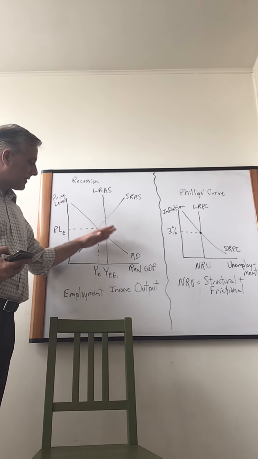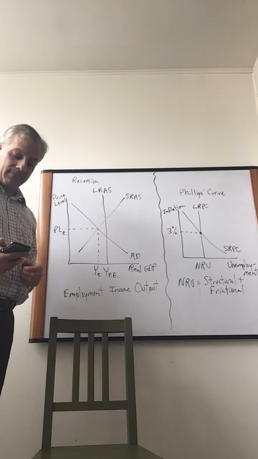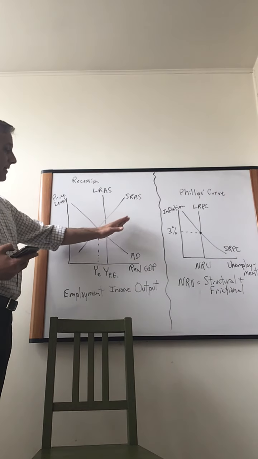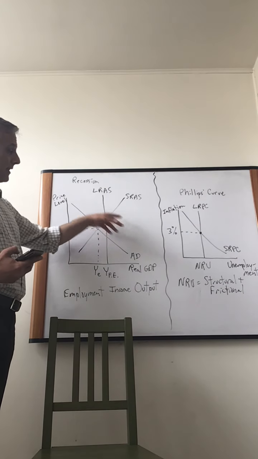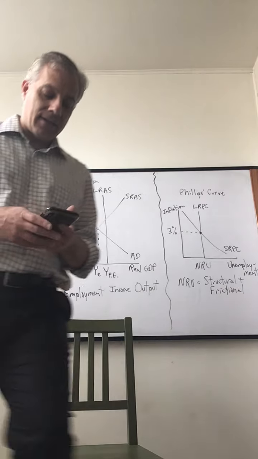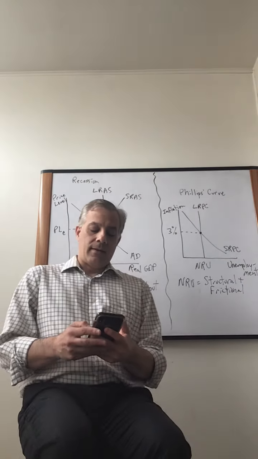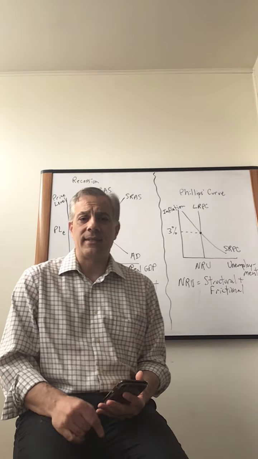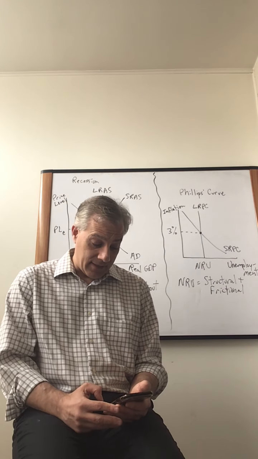Short-run aggregate supply shifts to the right. Okay, if it's an expansion, then short-run aggregate supply shifts to the left because of higher costs of labor, higher costs of commodities, and higher inflationary expectations.